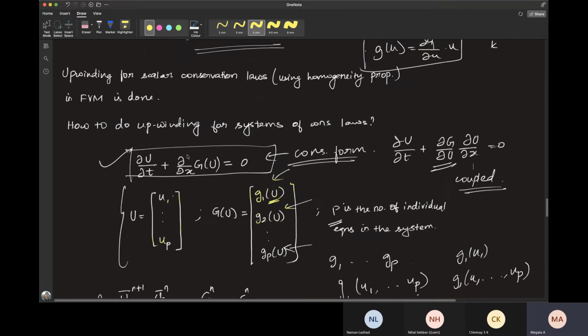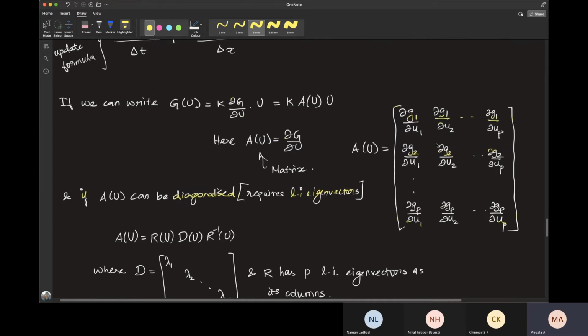So the form of g of u that we have is such that the dou g by dou u matrix is diagonalizable. We are now making that assumption.